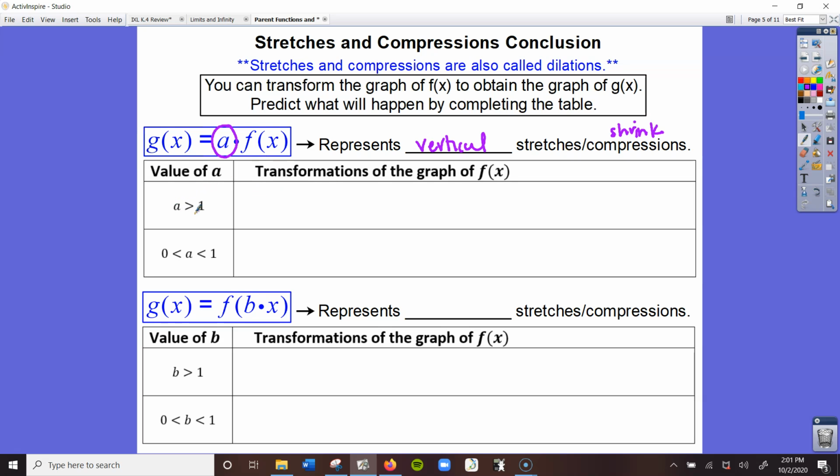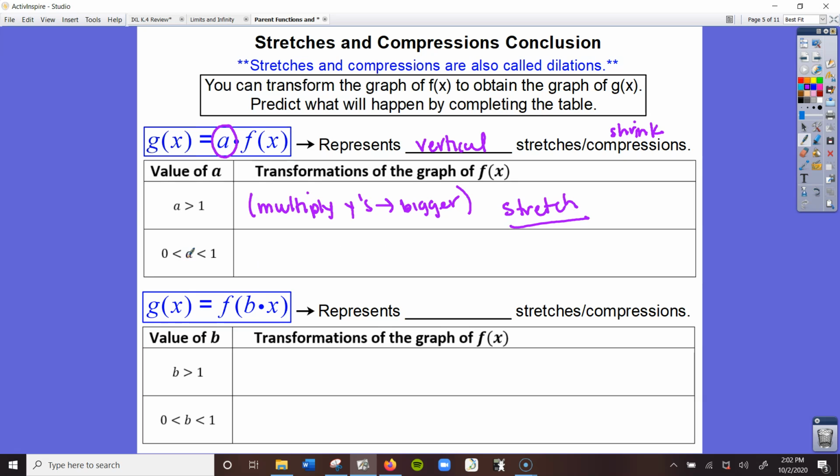If that number is larger than 1, meaning 2, 3, 4, 5, whatever, anything larger than 1, that means that we would multiply the y's, and if we multiply, it's going to get bigger. So this is an example of a stretch.